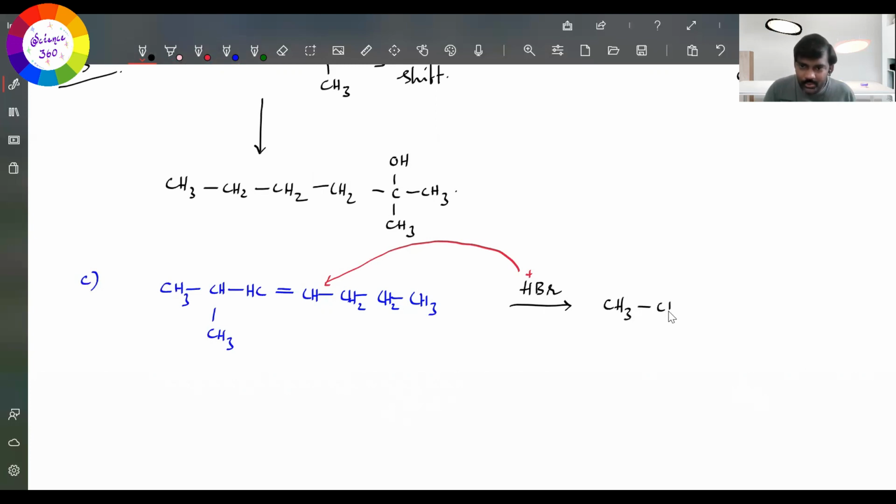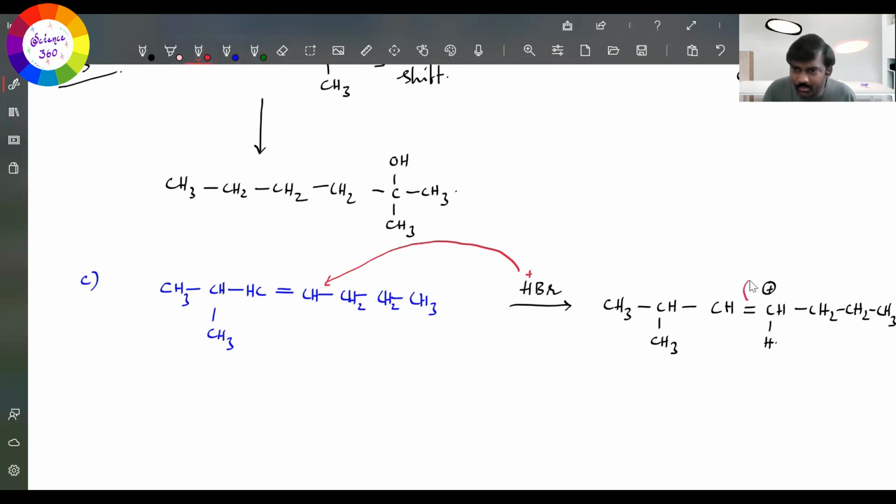So I'll be getting CH3 twice, CH, and here CH, with hydrogen attached. So I'll get the positive charge, with hydrogen attached to it. Then CH2, CH2, CH3. Okay, so this is how it is initially after the attack of the H plus ion.